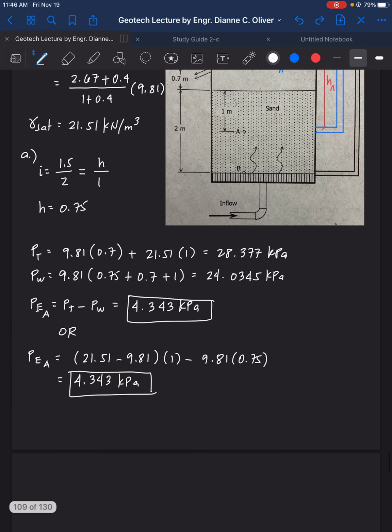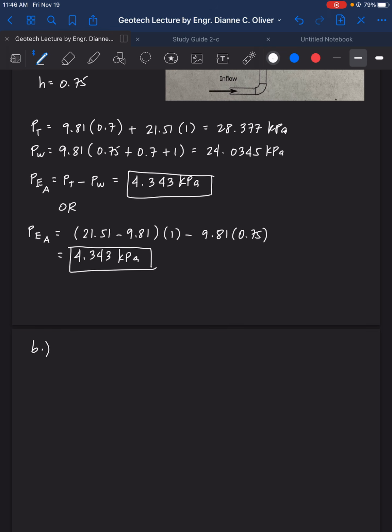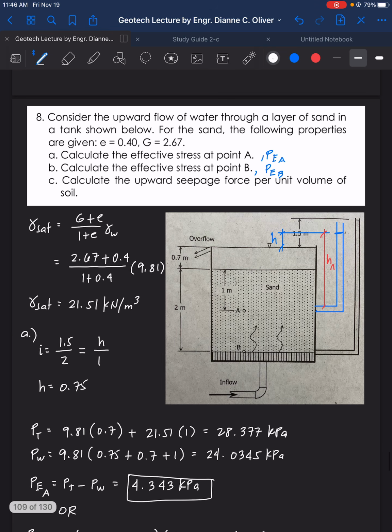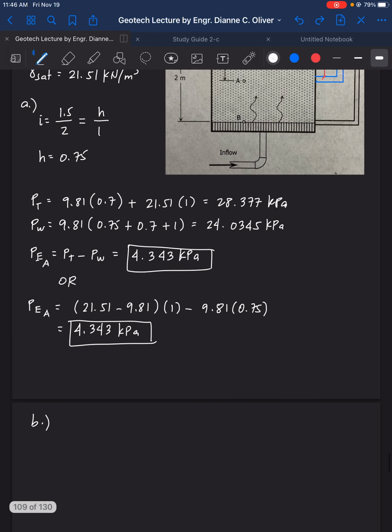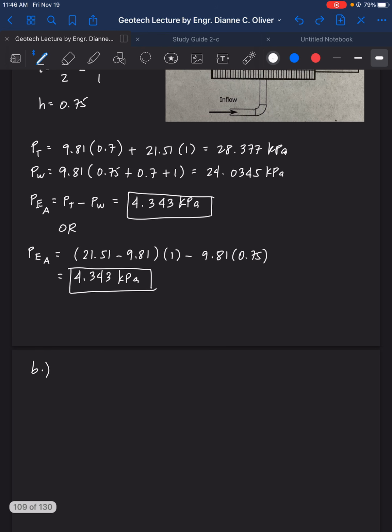Let's go to letter B. What is being asked in letter B? Calculate the effective stress at point B. So let's concentrate on point B. So at point B, we have the P total.